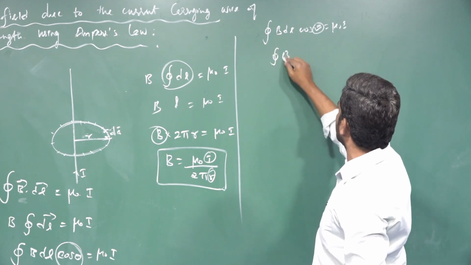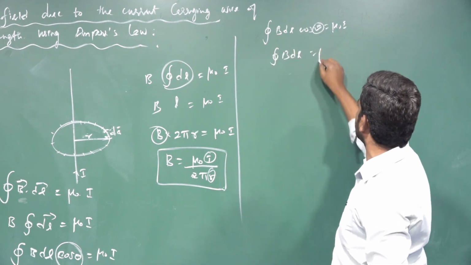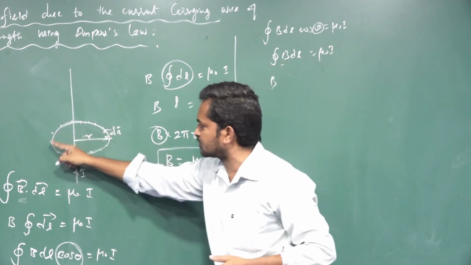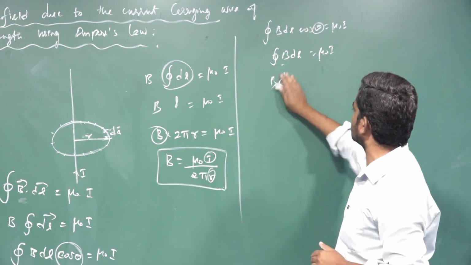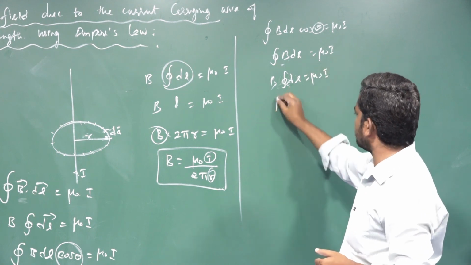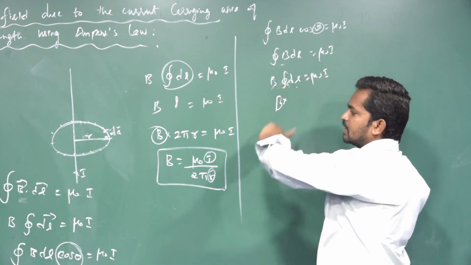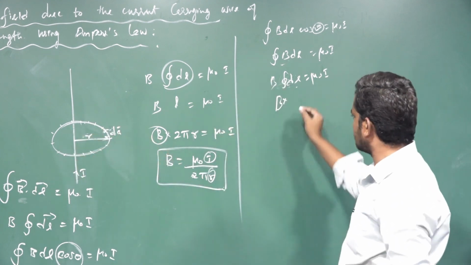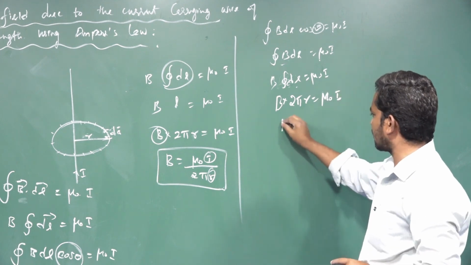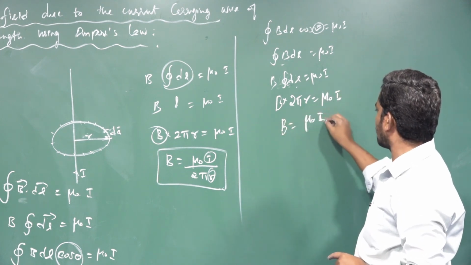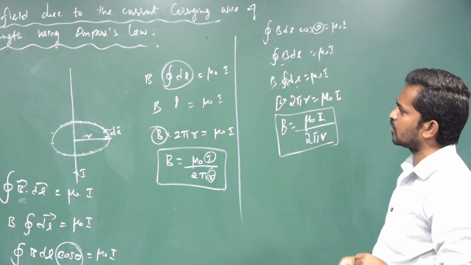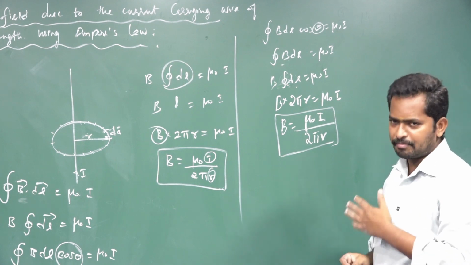So the closed integral of B dl cos 0, whose value is 1, is equal to mu naught I. The field is constant at every point on the circular path, so B times the closed integral of dl, the overall circular length 2 pi R, is equal to mu naught times I. So the magnetic field B is equal to mu naught I divided by 2 pi R. This is the magnetic field due to a current carrying wire of infinite length using Ampere's law.